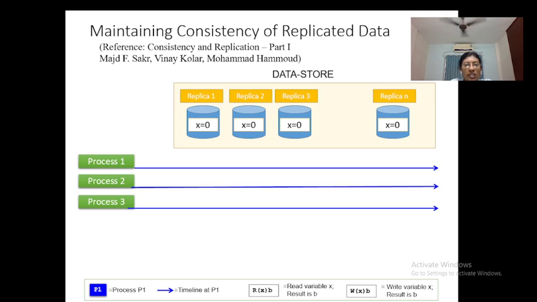So here in the data store, n replicated copies are there. Each has the variable x with the value 0. There are 3 processes. Process 1 is reading the value of x from replica 2. R of x 0 means that it reads the variable x, and the value read will be 0. Now observe this.